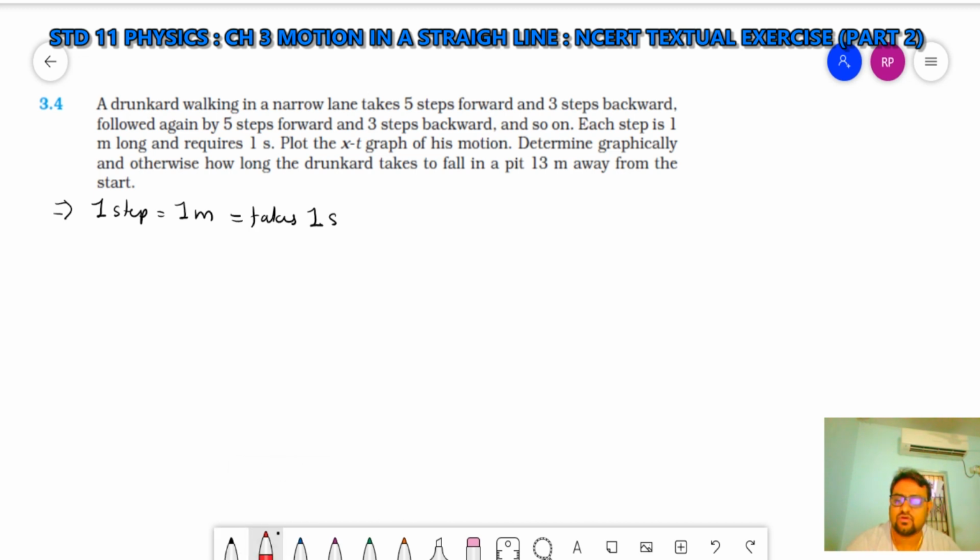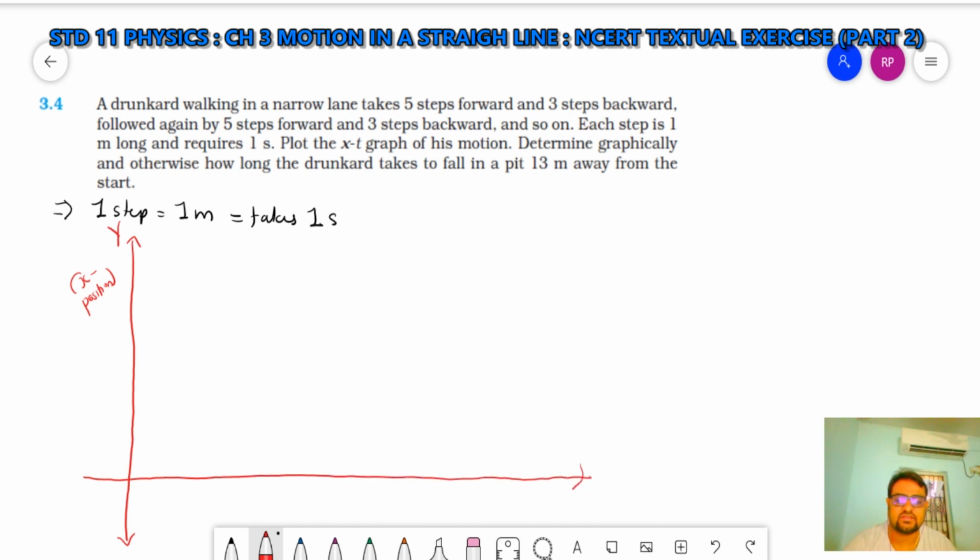Let me draw a graph. On the y axis I will take x, meaning position. On the x axis I will take t, that is time.